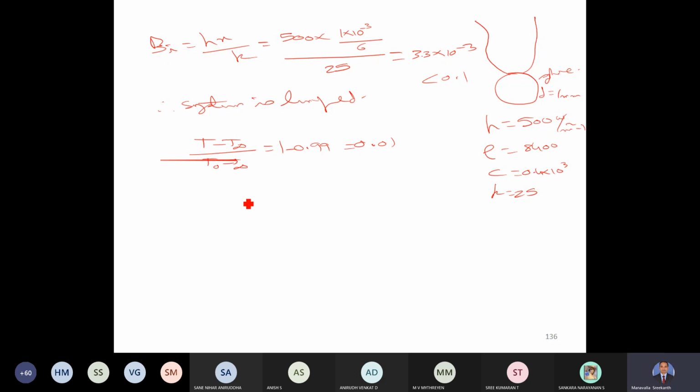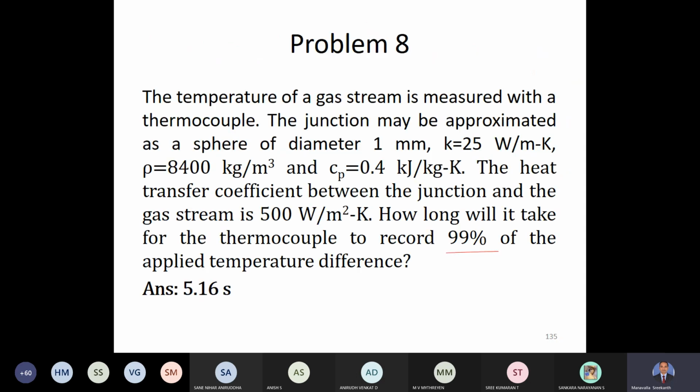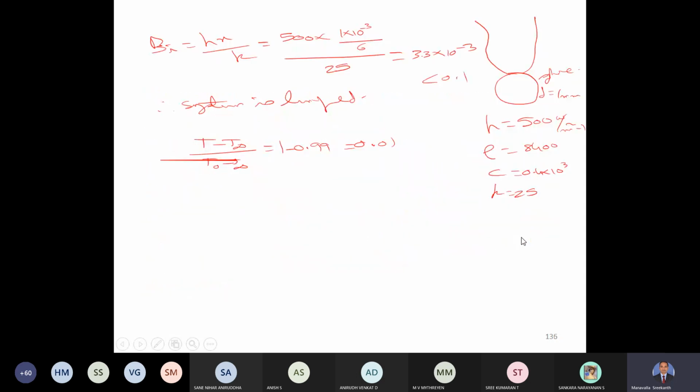This is the unattained temperature difference, and the ratio is 0.01. Now use the equation given in the data book. What we are asked here is how long will it take, so again we need the time. Use the equation T minus T infinity divided by T naught minus T infinity is equal to exponent of minus h A by C V rho tau.